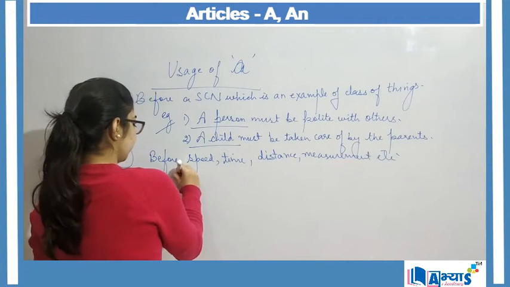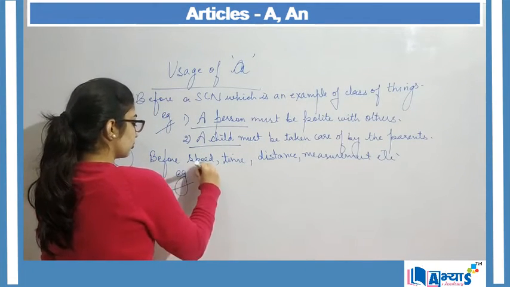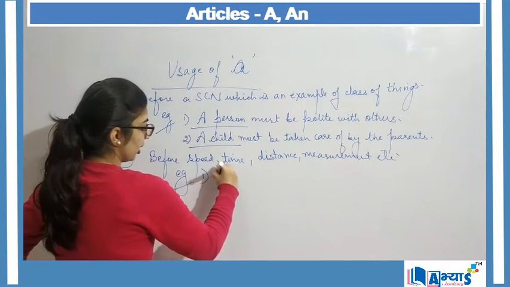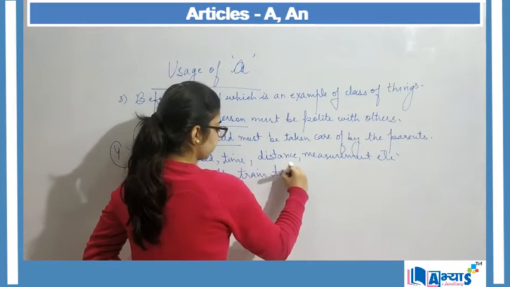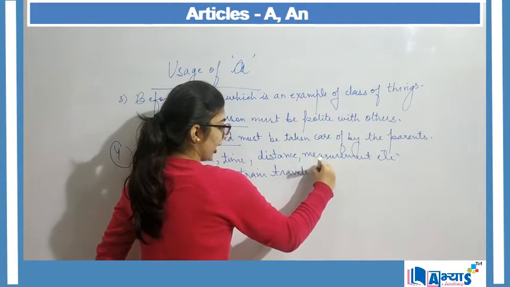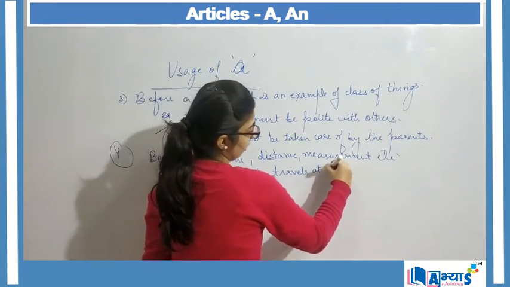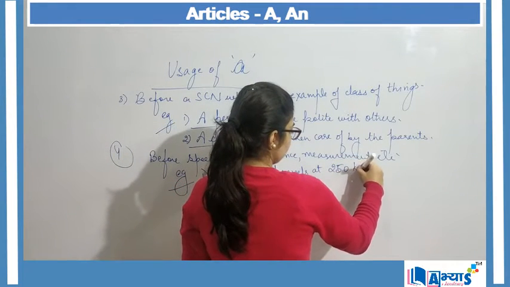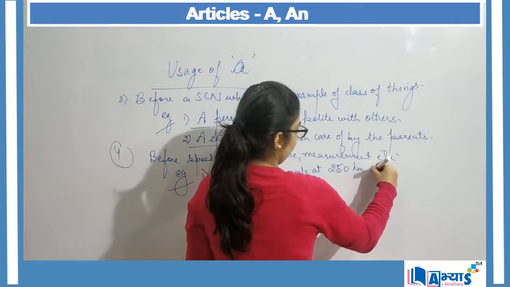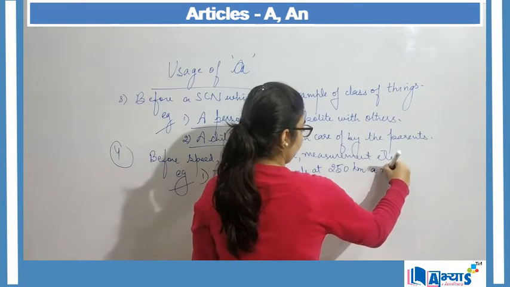For example, the train travels at 250 kilometers a mile.